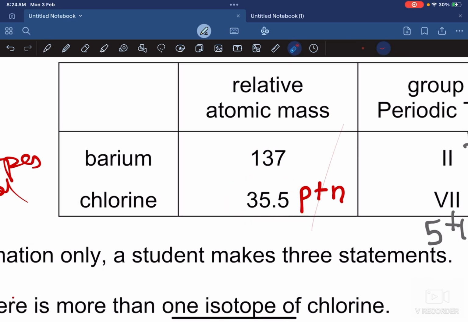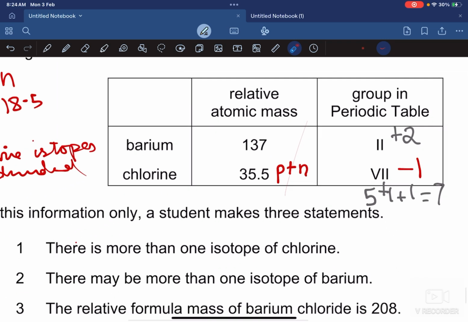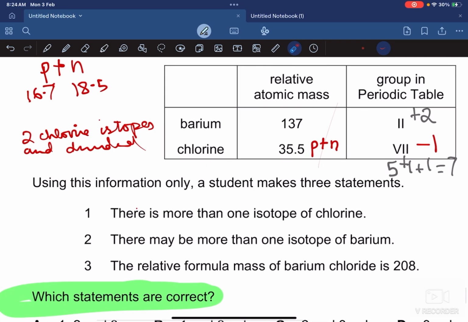There got to be isotopes, okay? And you've taken the relative mass of both the isotopes. That's how you get 35.5. So statement 1 is correct. There is more than one isotope of chlorine. There has to be more than one. Otherwise, you couldn't have ever got 35.5. That's correct. Statement 2 is there may be more than one isotope of barium.